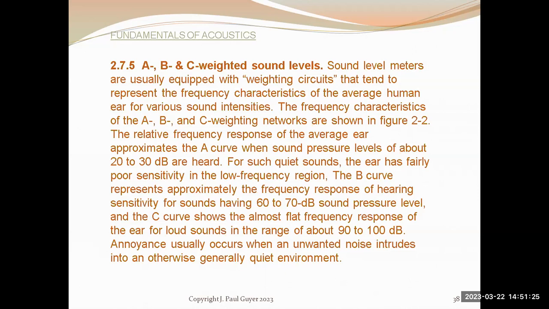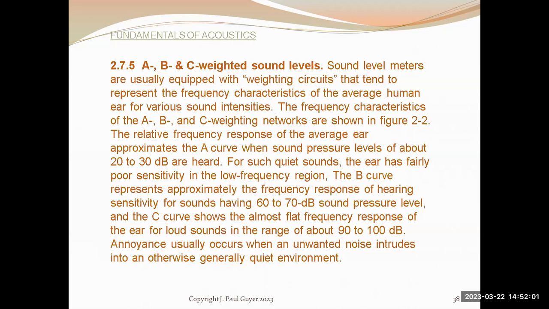And the sound level meter typically has two dials on it, or knobs. One of them says ABC on it, and the other is the frequency where you read the frequency.